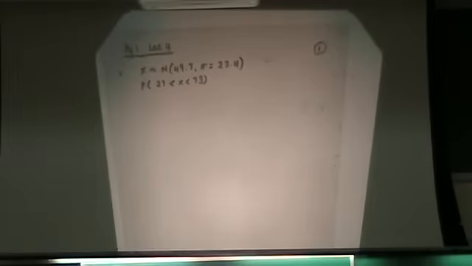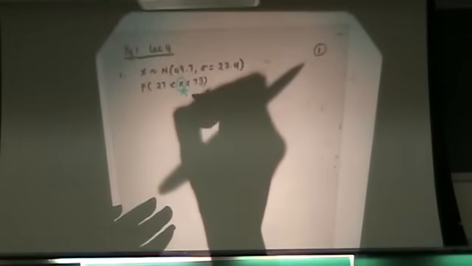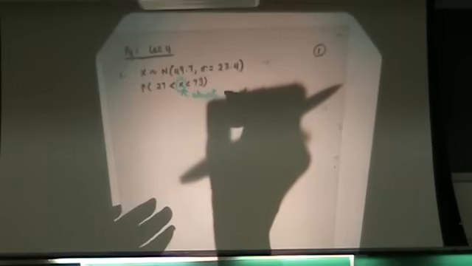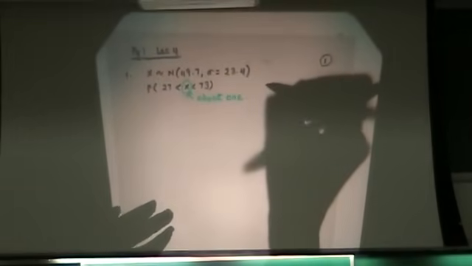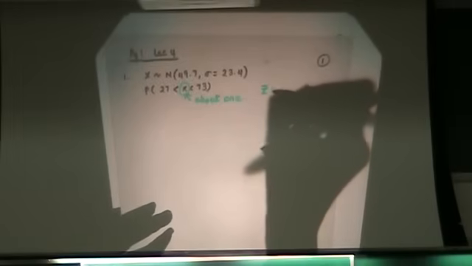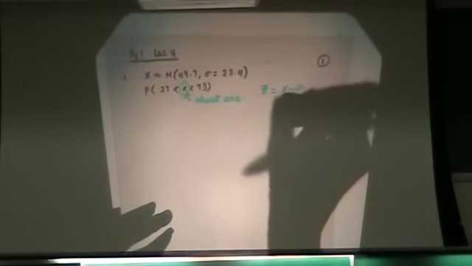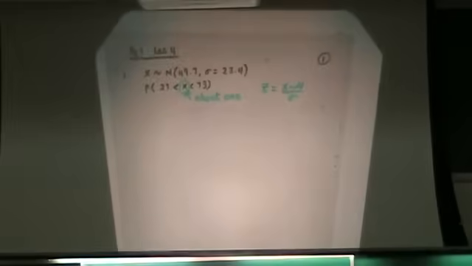This is about 1 x, right? The question is about 1. So I'm going to use z equal x minus mu over sigma if I'm doing it by hand.